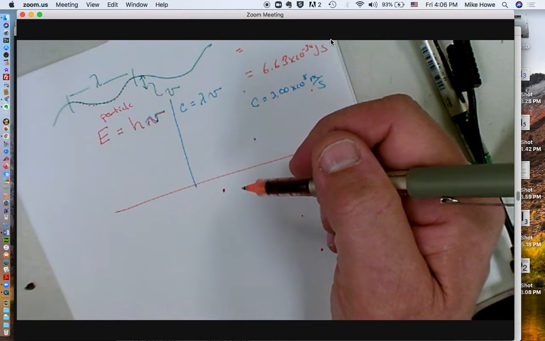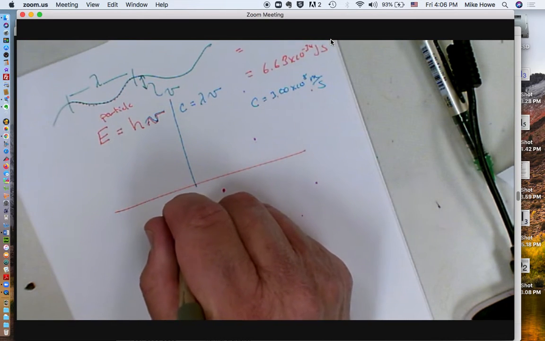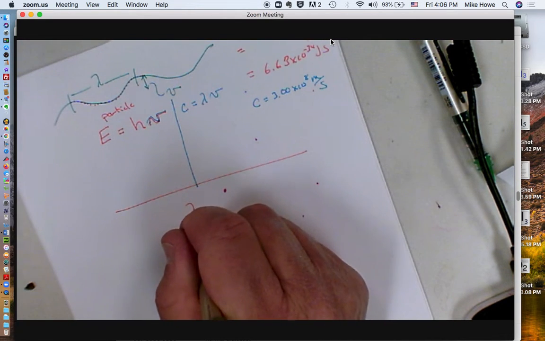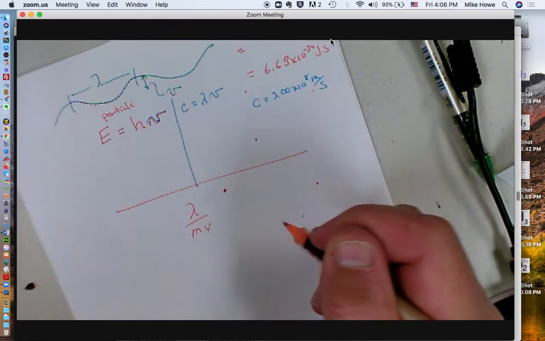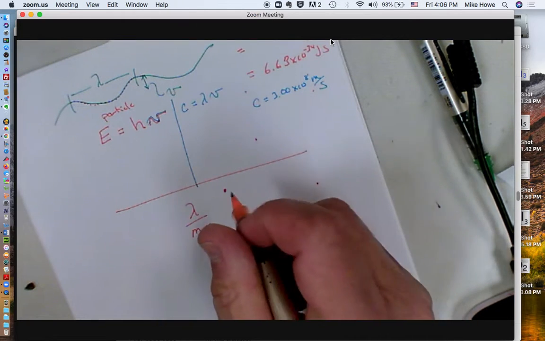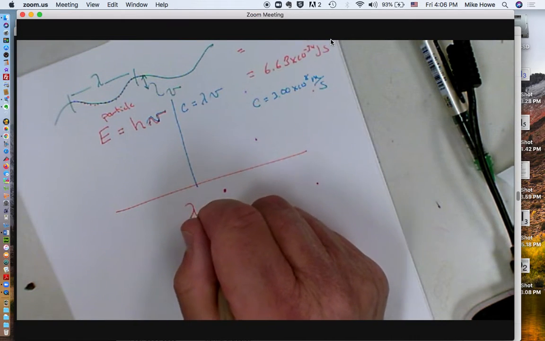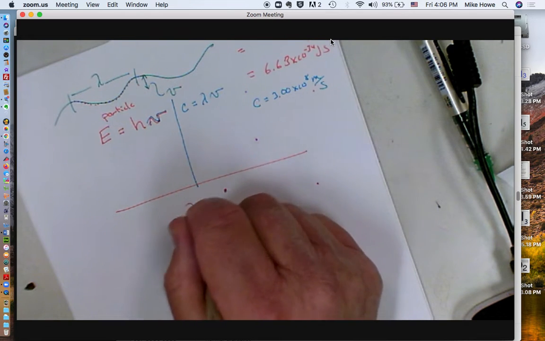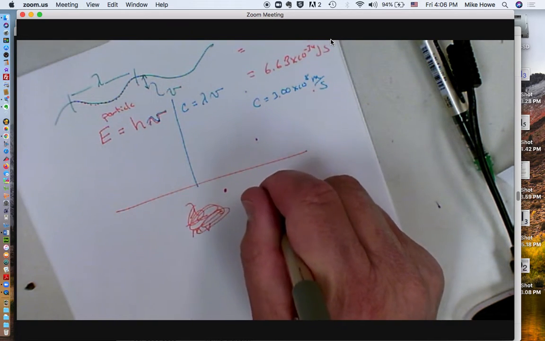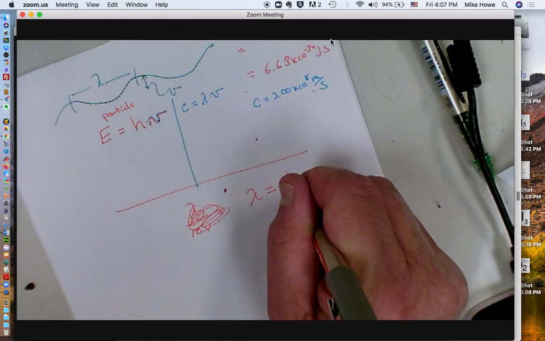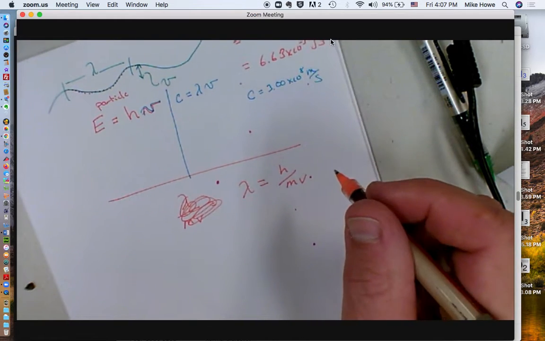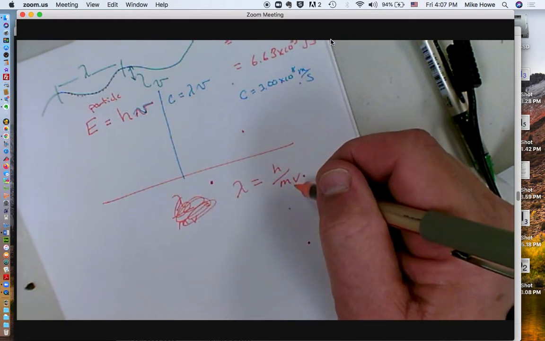So we have to think, well, maybe matter could have a wavelength, and we developed this equation that wavelength is equal to mass times velocity. Oh, I didn't write that down correctly, did I? Wavelength is equal to h divided by mass times velocity. My mind moved ahead before I finished my previous thought.